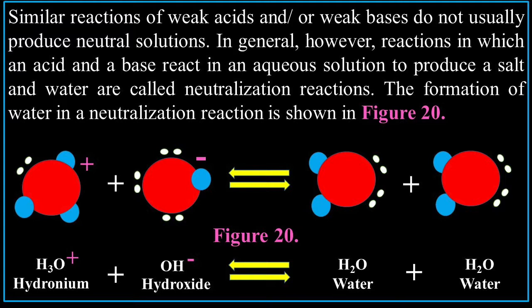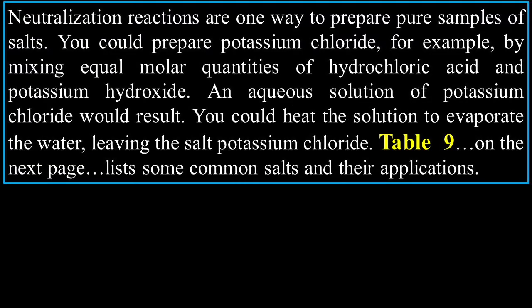So if I take that hydrogen ion and put it with the hydroxide, what's left is a water molecule, and you're also making a water molecule. So you're creating a water molecule by taking the hydrogen ion off the water, and then you're creating another one by putting the hydrogen ion on the hydroxide. So you will end up with 2 moles of water. 1 mole of hydronium plus 1 mole of hydroxide is 2 moles of water.